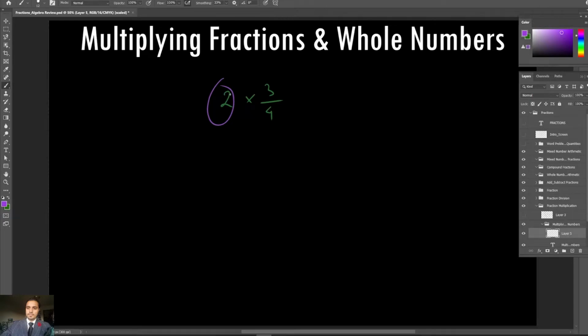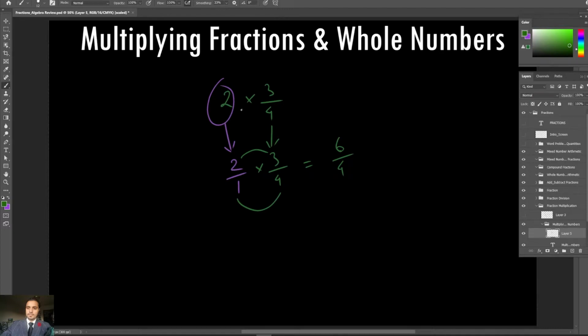What you do is write this down as a fraction, which is 2 over 1, and then you just multiply it by 3 over 4, just like that. Then follow the same rules as the last section. You multiply the top with the top and the bottom with the bottom. So 3 times 2 is 6, 4 times 1 is 4. So 6 over 4. That's how you do it.